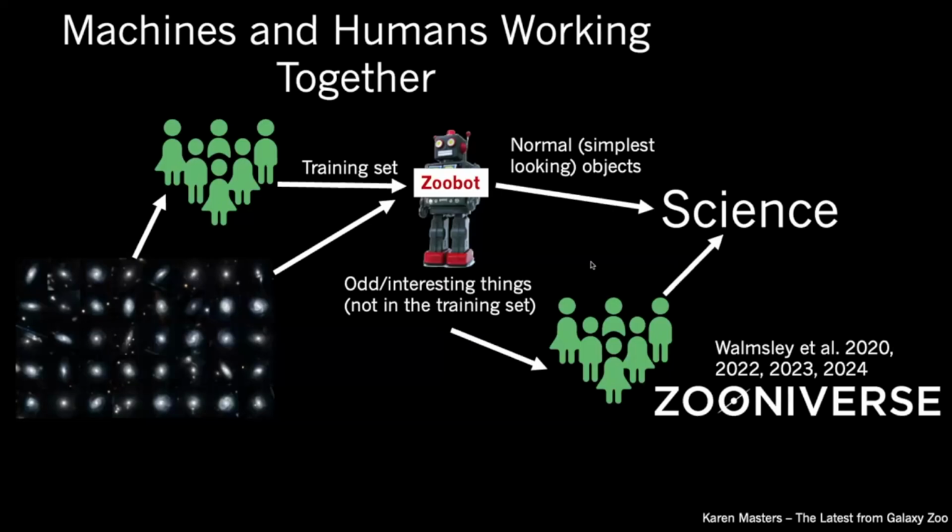That's what the Bayesian part of this is. It comes out with a certainty probability as well as what it thinks the galaxy is. So for the uncertain things that ZooBot classifies, we can feed them back to the crowd and improve the training set. And all of this helps us do science. There's a series of papers by Mike Walmsley, who's a fantastic PhD student, now postdoc, working in the team on machine learning.